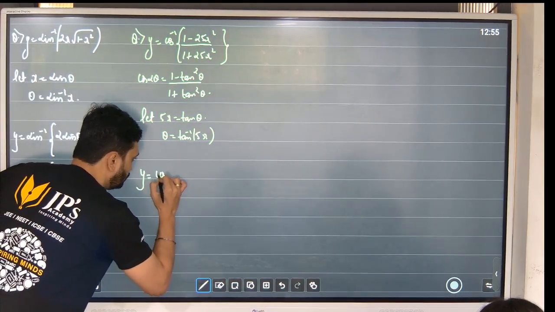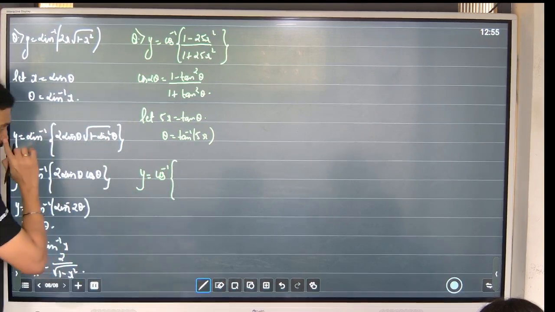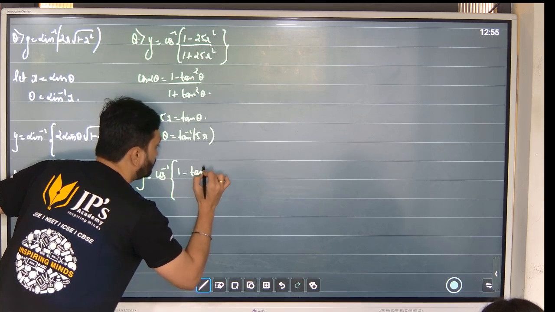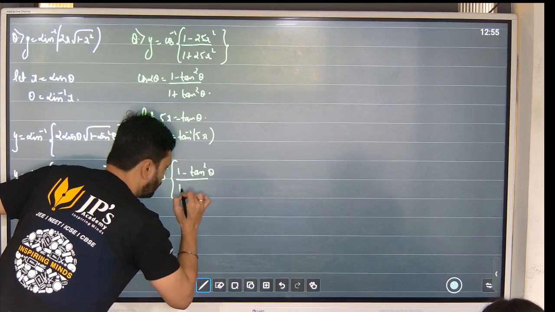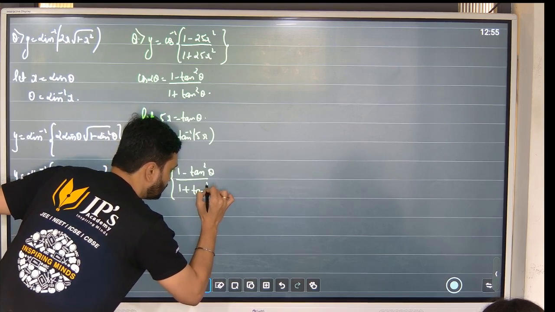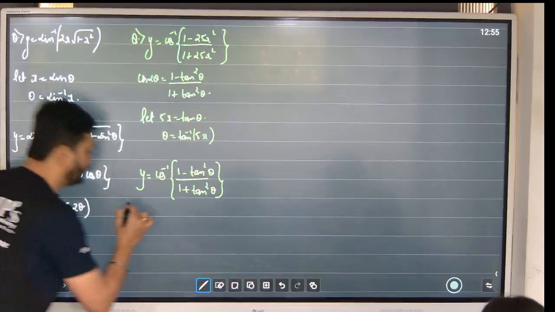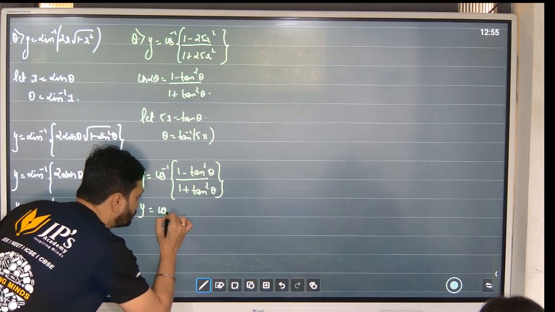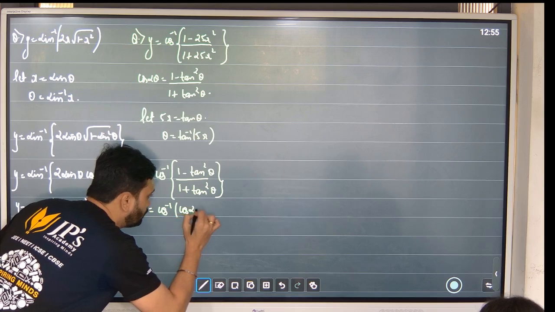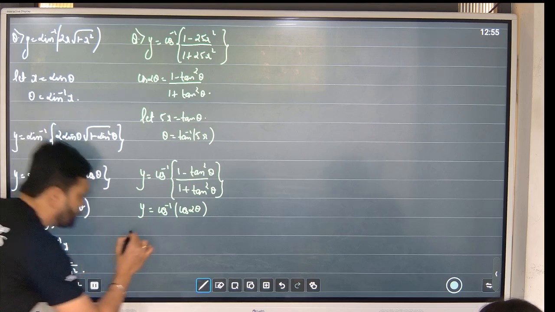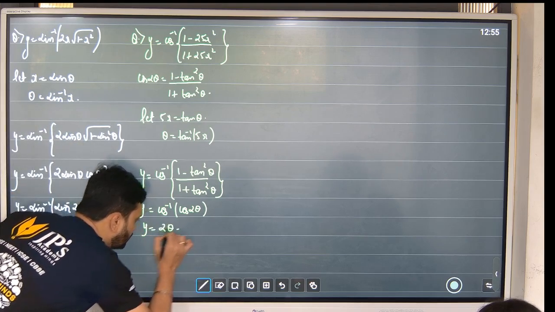So y is equal to cos inverse of 1 minus tan square theta upon 1 plus tan square theta, which is nothing but y is equal to cos inverse of cos 2 theta. Just see the similarity. So this will become y is equal to 2 theta.